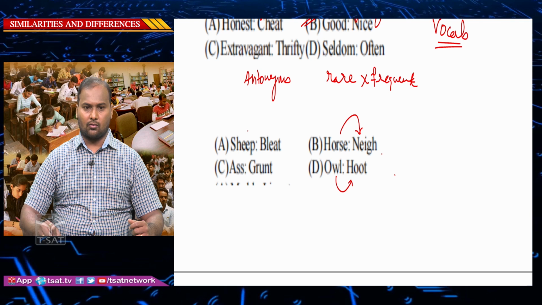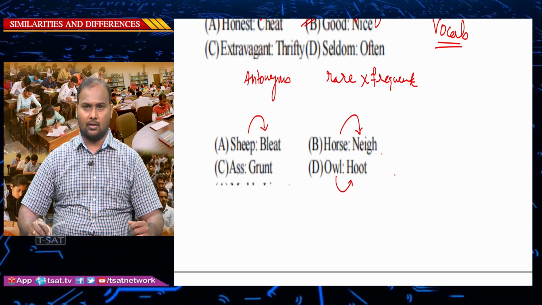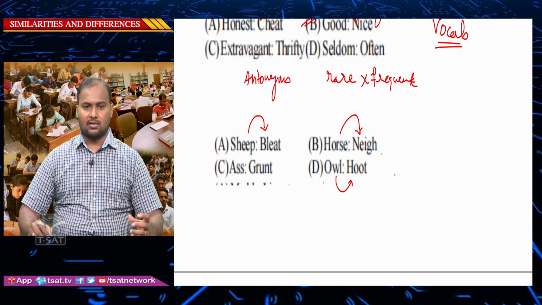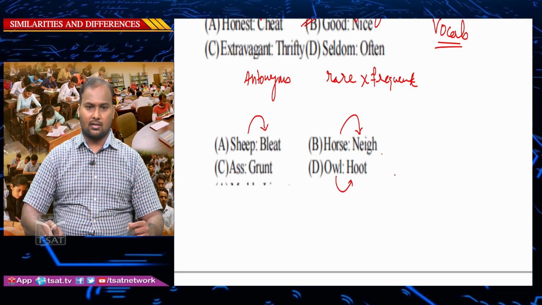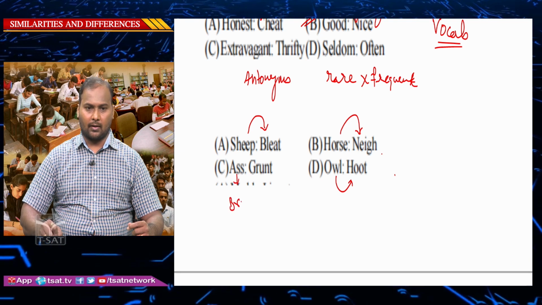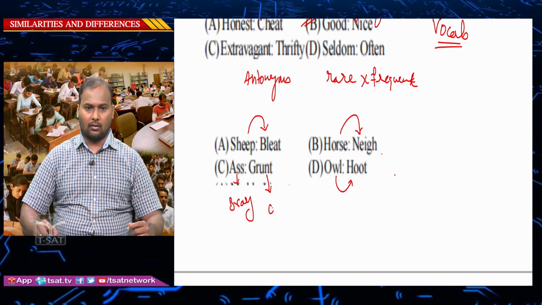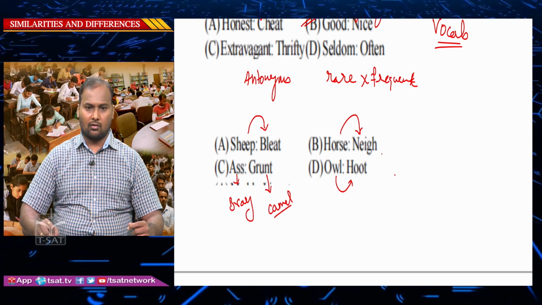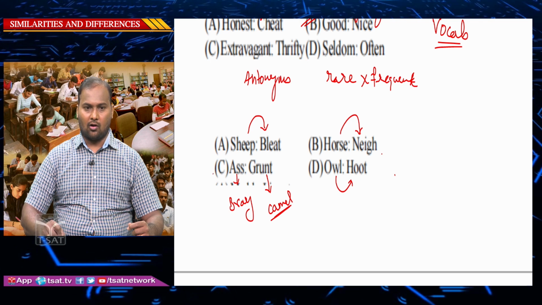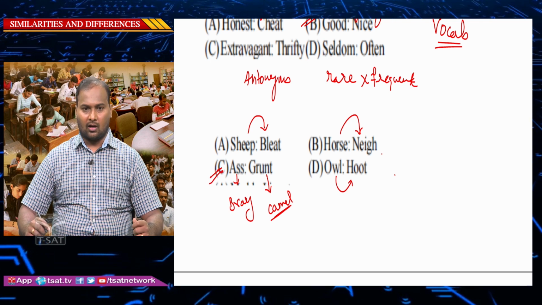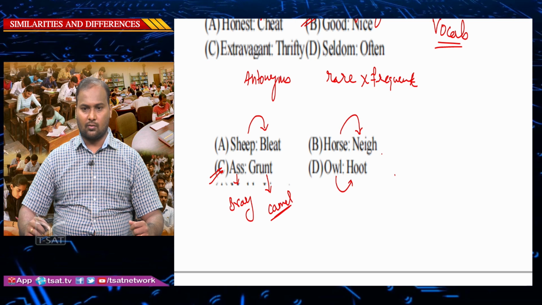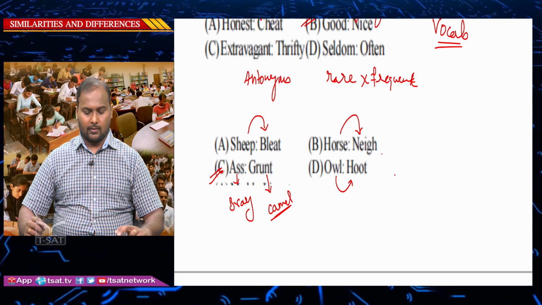What is the sound produced by the sheep? We call it a bleat. And what is the sound produced by the ass? The sound produced by the ass is called bray. Camel grunt is not matching at all. So that is the reason option C is the answer. And the logic is based upon the sounds produced by different animals.